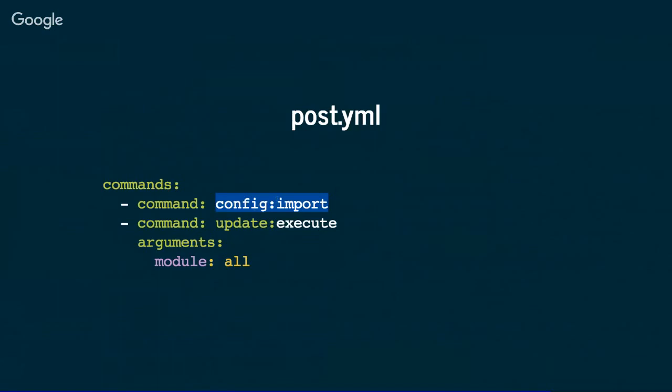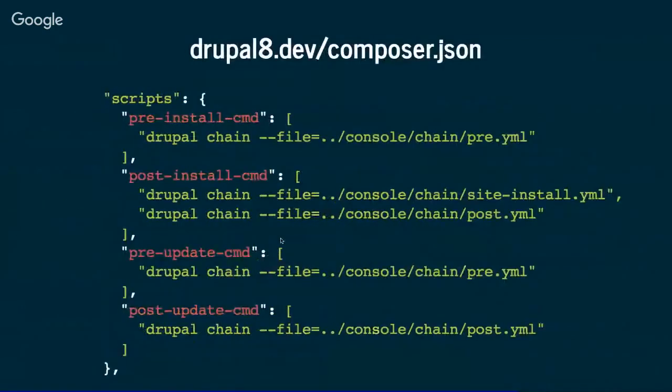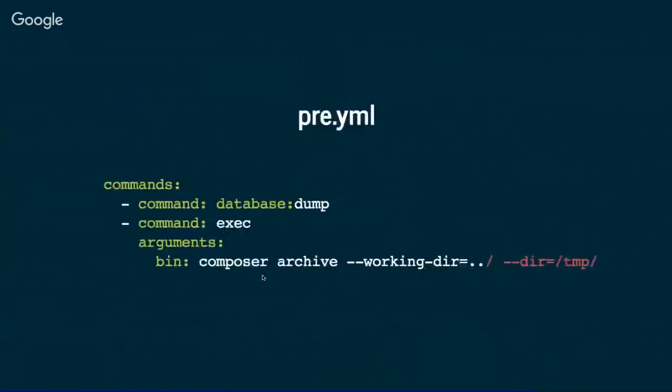It forces composer to run a config import and update, and execute all commands. So it means all of the configuration will be imported and all of the hook updates will be run in the post section of my composer. So post install and post update, those instructions will be run.